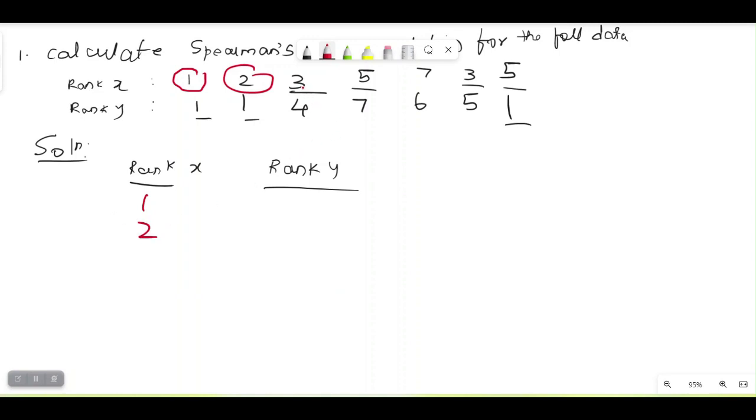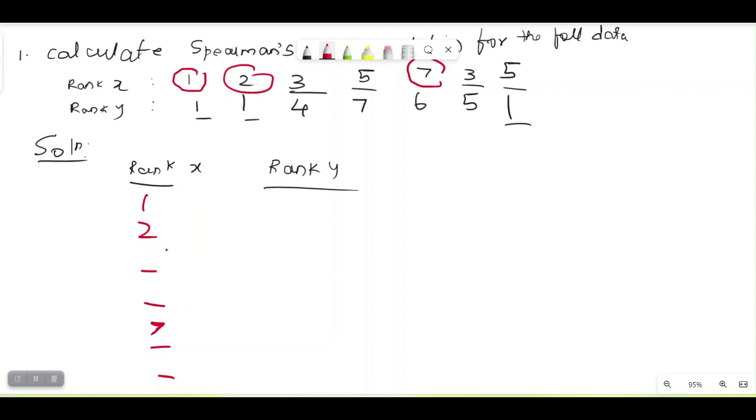Since rank 3 is repeated, don't write it, leave a gap wherever there is 3. Rank 5 is also repeated, so leave a gap. But rank 7 does not have any problem, so it will come here.